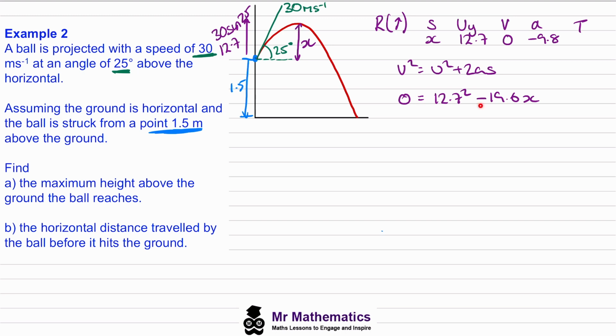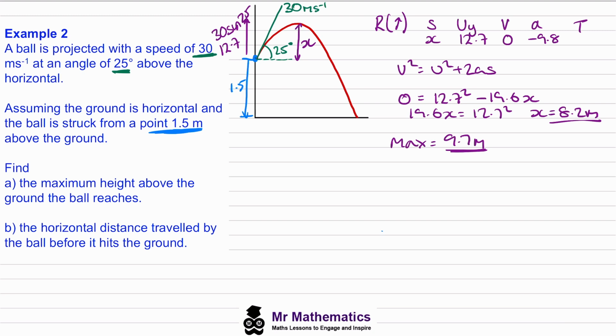We can solve this equation. We'll move this to the left-hand side. So 19.6x will equal 12.7 squared. So x will equal 8.2 meters. And if this is 8.2, and we know this is 1.5, then the maximum height will be 9.7 meters.